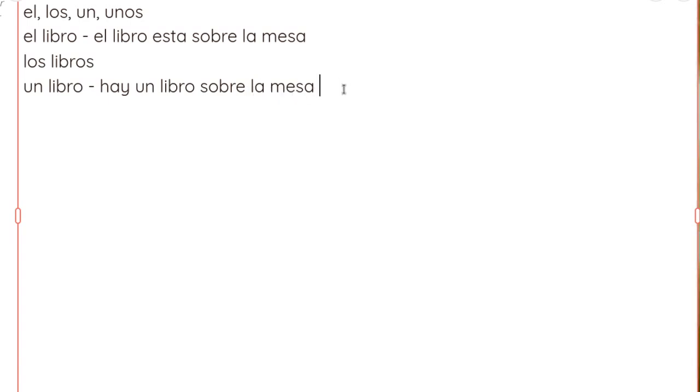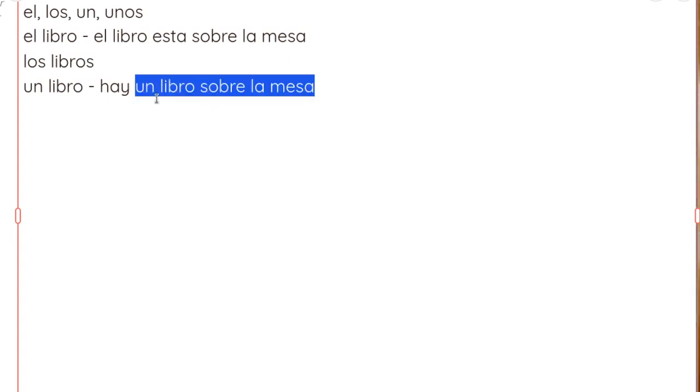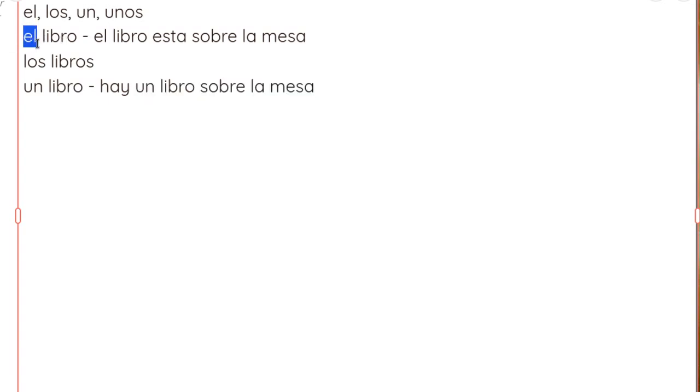Okay, this is to show you the difference between el and un, both referring to the book. The book is on the table. There is a book on the table. I hope you see the difference.